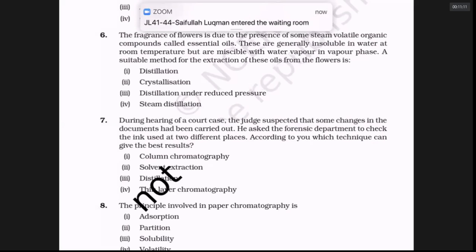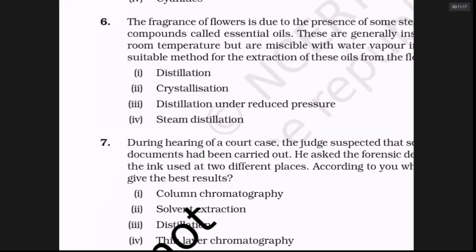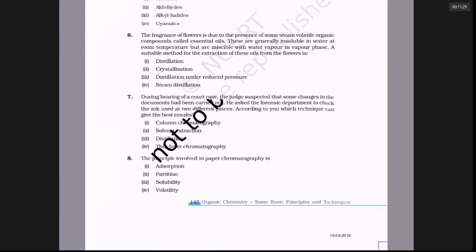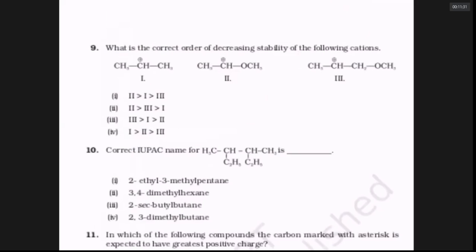If two liquids differ in their boiling point by more than 30 degrees centigrade, then they can be separated by distillation. If different components differ in their boiling point by less than 20 degrees, then they are separated by fractional distillation. So that's it.